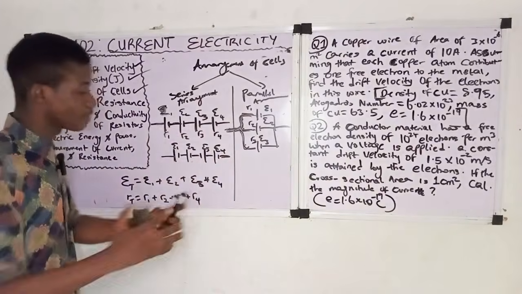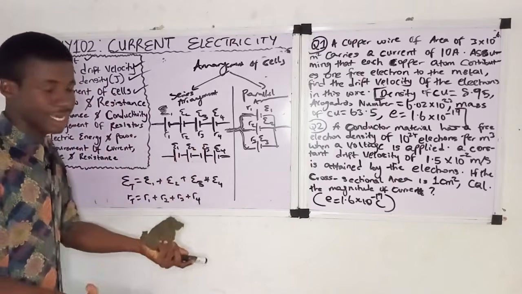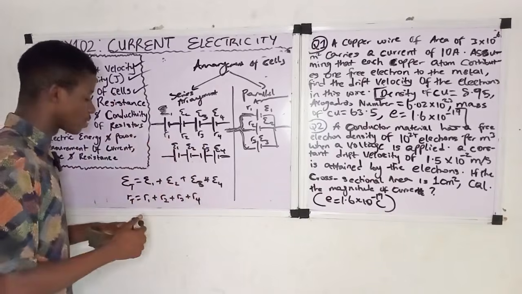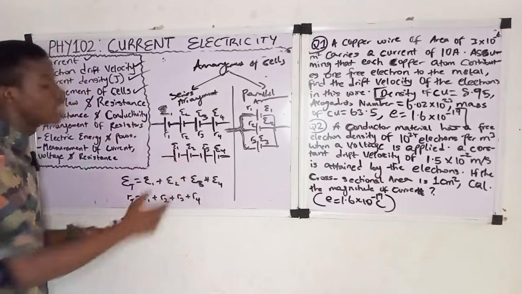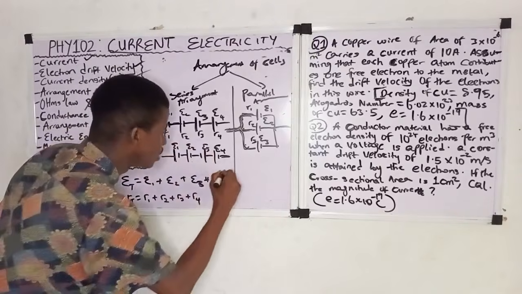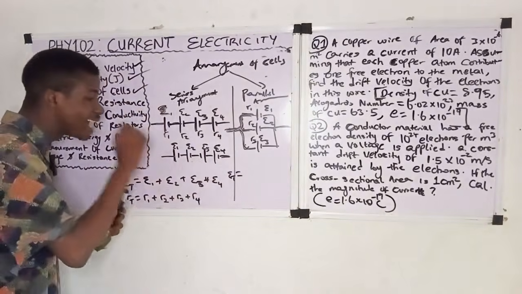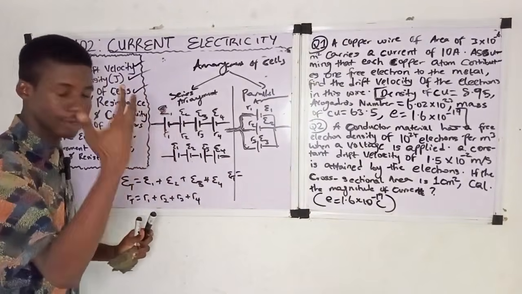It's still easy, okay? Now you find that it is this third cell that is wrongly connected, right? So how do you calculate the total EMF in this type of scenario? Total EMF is equal to, now you will add all the cells that are connected correctly.